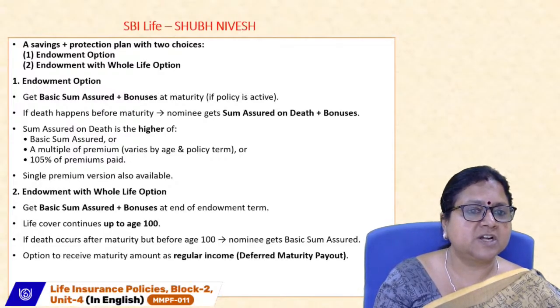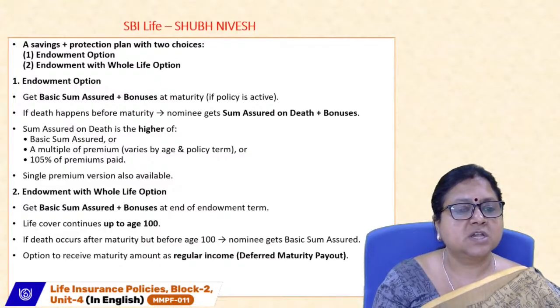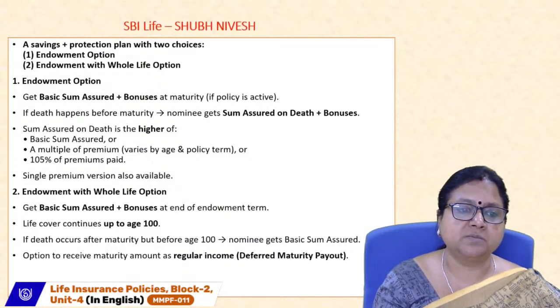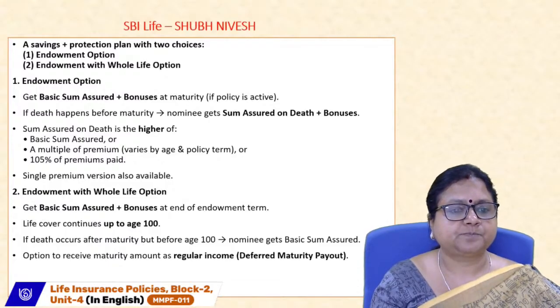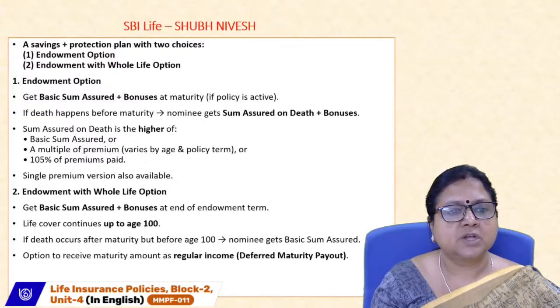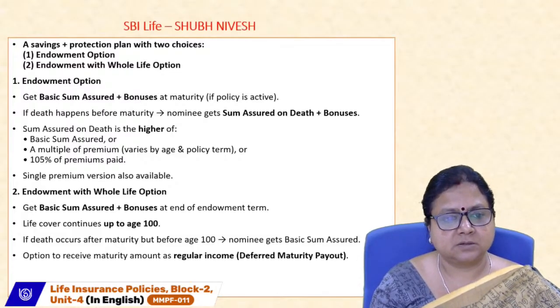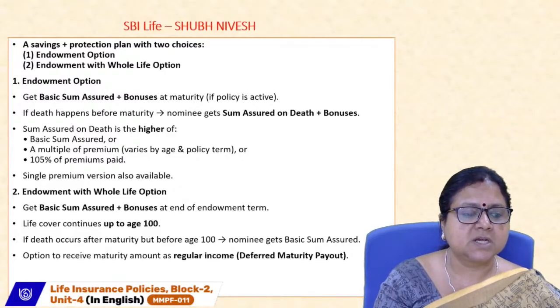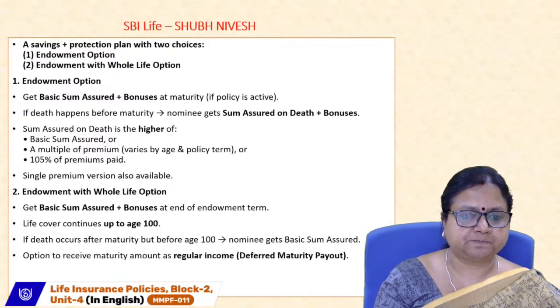The sum assured on death is the higher of the basic sum assured in the policy, a multiple of premium, or 105% of the premium paid. A single premium version is also available. So you can pay premiums at different intervals, or pay the premium at a single point of time.